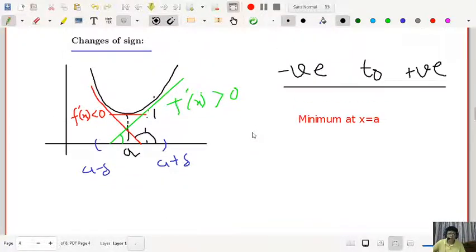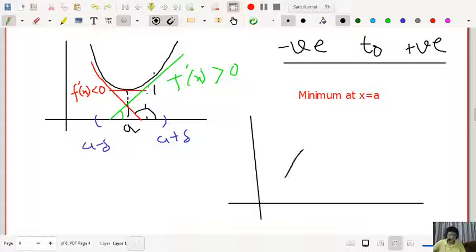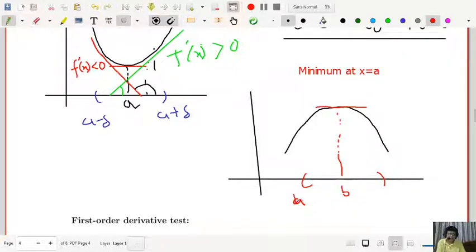Okay. Now let me talk about another change of sign. What will happen if the curve is like this? So again you can observe, this is the point where the tangent is parallel to the x-axis, and suppose the point is B. Again you take a small neighborhood of B, that is B minus delta, B plus delta, and delta is very small.